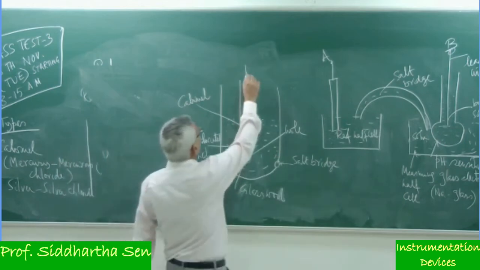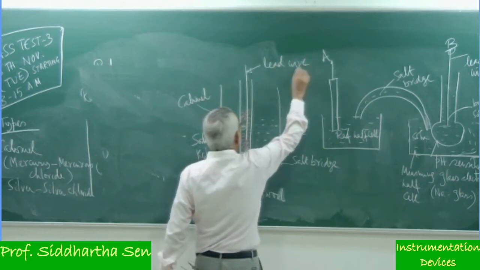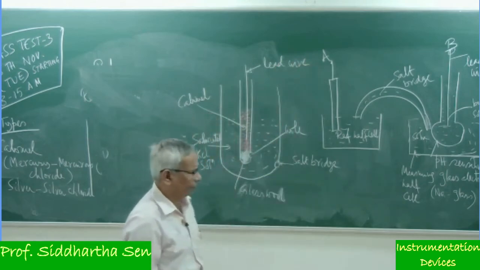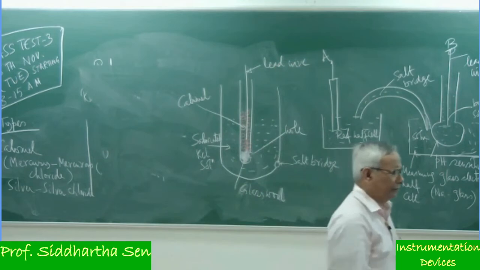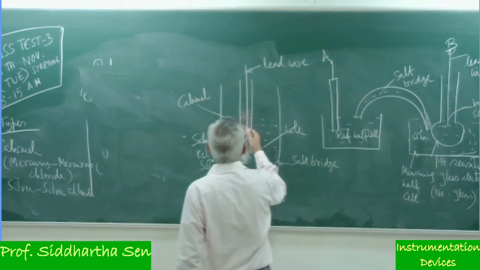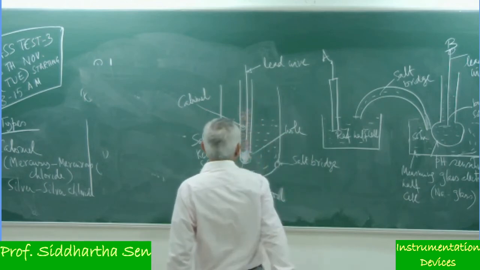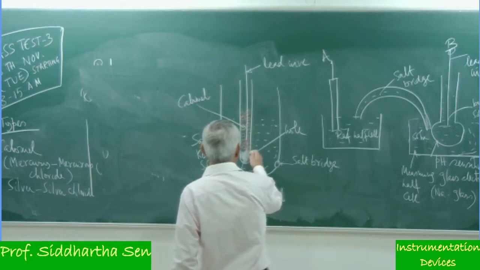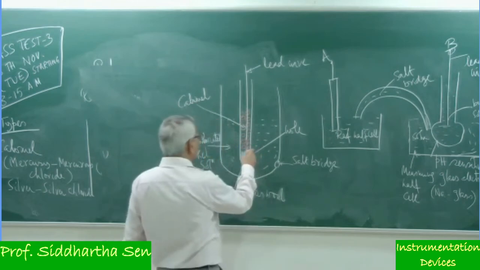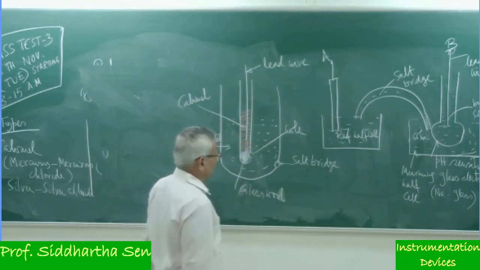This is definitely the lead wire. And this calomel is obtained in terms of granules, so I put the wire here. At the bottom there is some glass well, and the inner tube has a hole which gives some electrical connectivity, and the outer solution is saturated KCl solution.